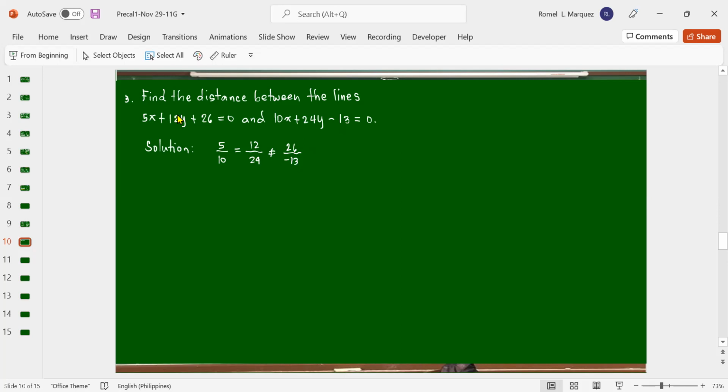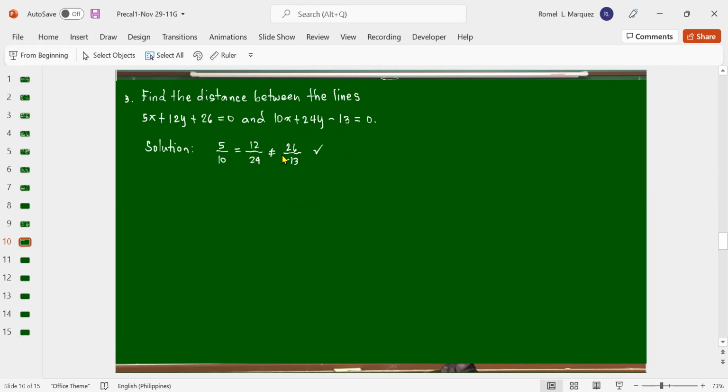The ratio of A's, meaning coefficients of x in the two lines, then the ratio of the coefficients of y, and then the constant terms. So the constant terms ratio must not be equal to the ratio of the coefficients of x and y. Okay, guys? Are the first two equal, guys? Check na? Yes, sir. Confirm.